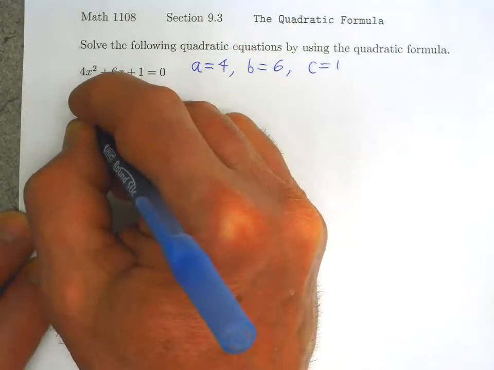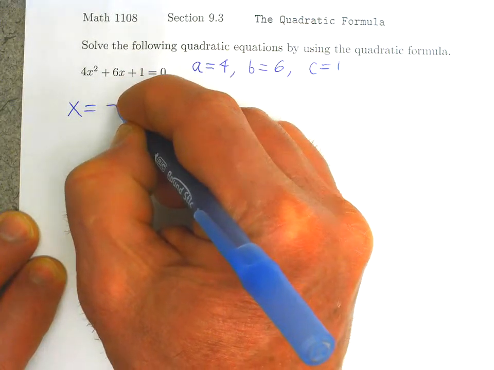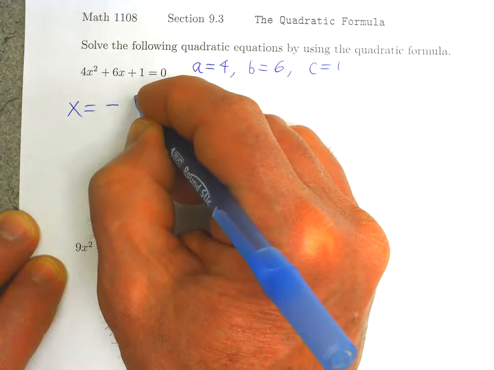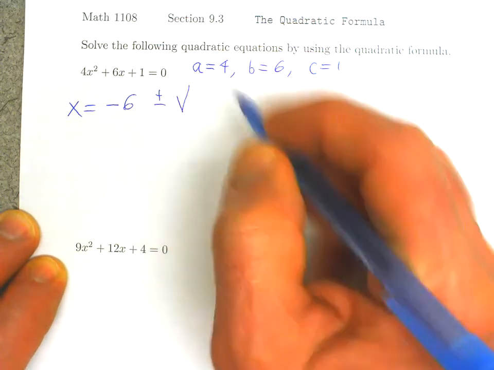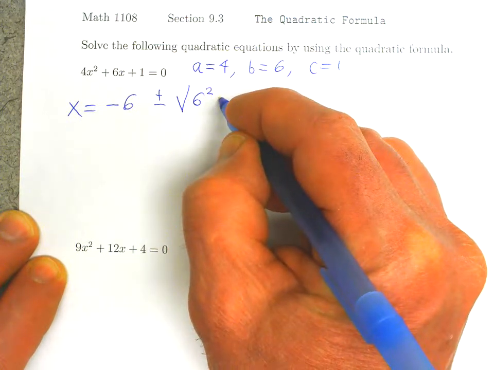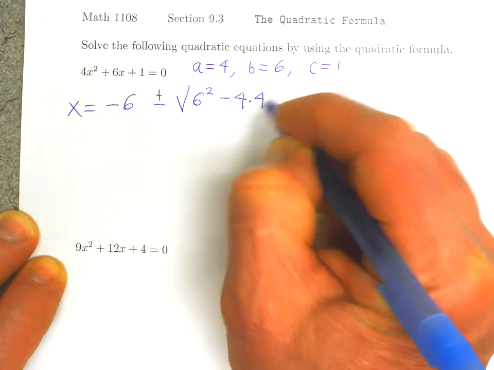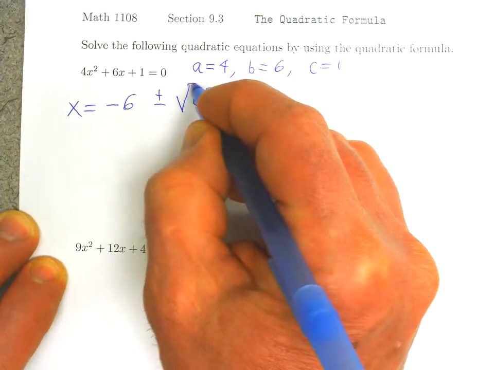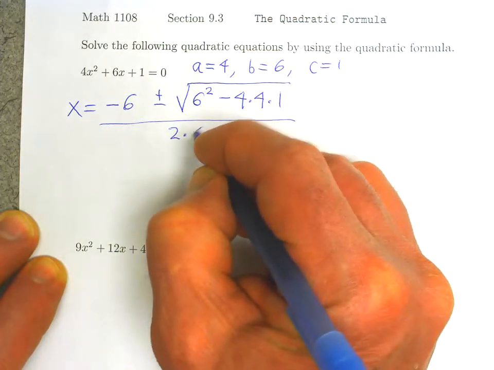Okay, so we write x equals the negative of 6, or negative 6, plus and minus the square root of 6 to the second minus 4 times 4 times 1, all divided by 2 times 4.